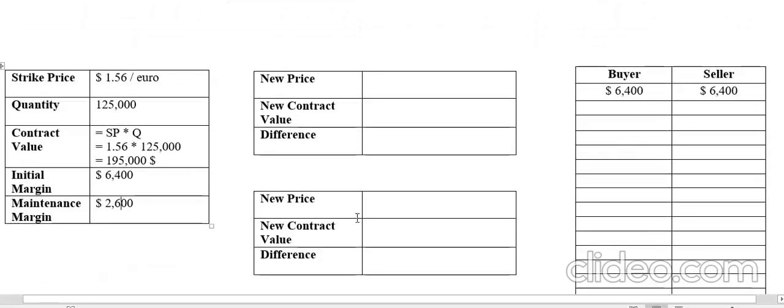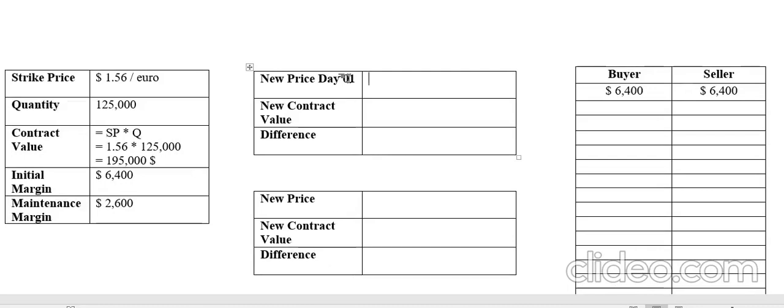So the new price for day 1 that we have is 1.58.